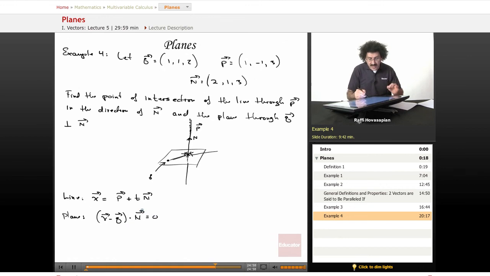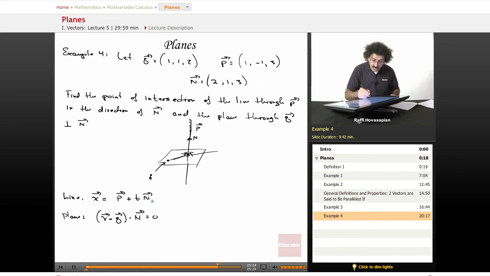That's the equation of the plane that passes through Q and is perpendicular to N. And this is the equation of the line that passes through P in the direction of N. We want the point of intersection. In other words, we want the value X that makes both true. Well, just take this X and put it in here. That's all you've got to do.